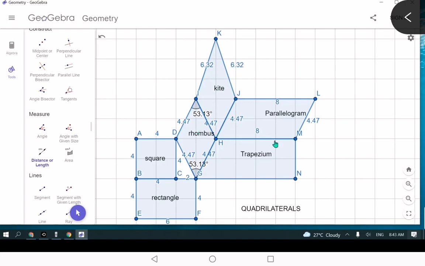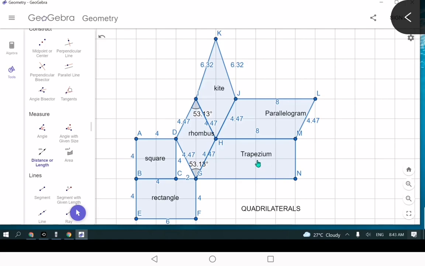One pair only. For a trapezium, what is the characteristic there? There is only one pair of parallel lines. There may be different angles.